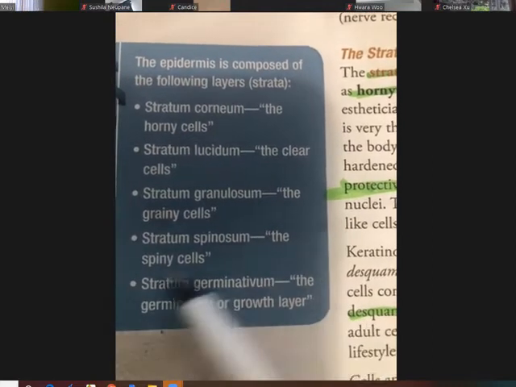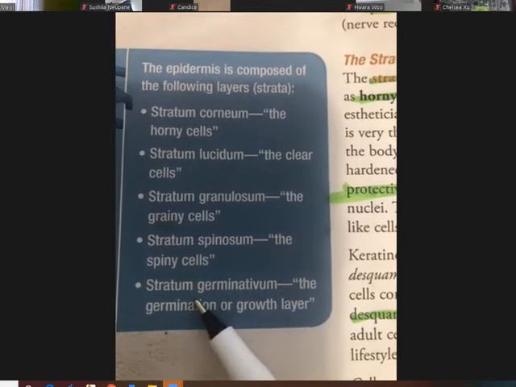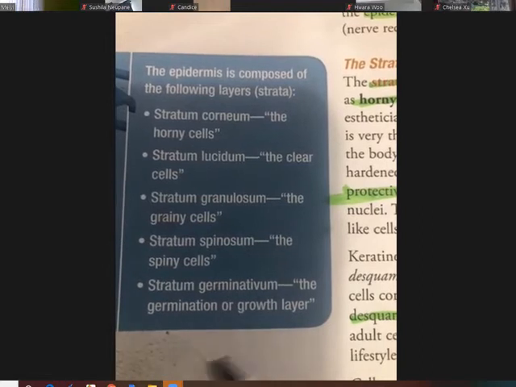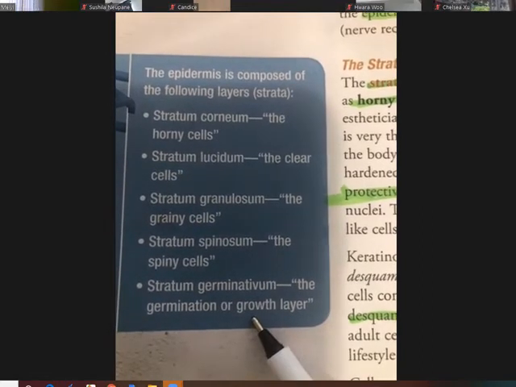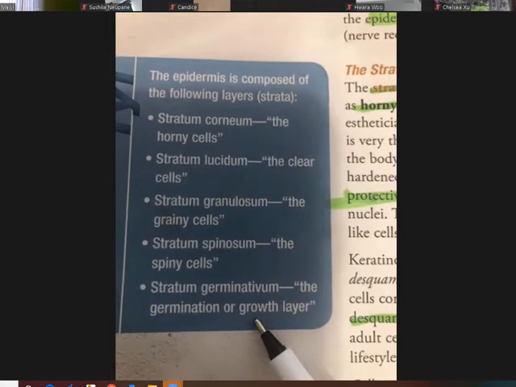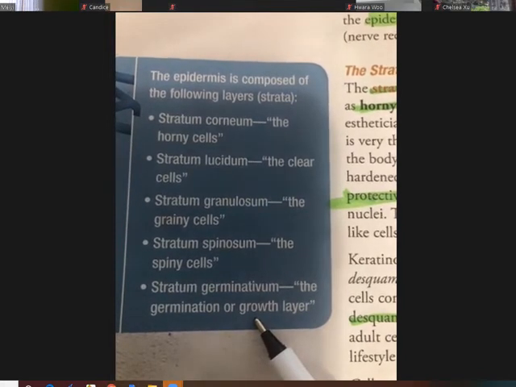The bottom layer, which is the basal layer, is the layer where new cells are produced. 我们的表皮层有5层，最底层这一层呢，就是皮肤细胞重生。皮肤细胞是从那第5层生长出来。Okay?